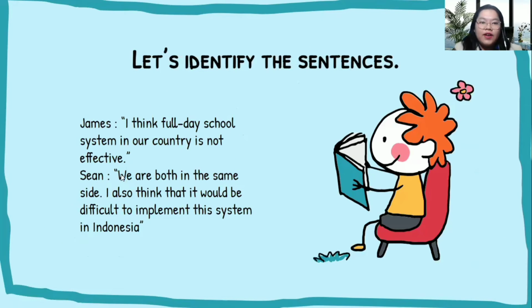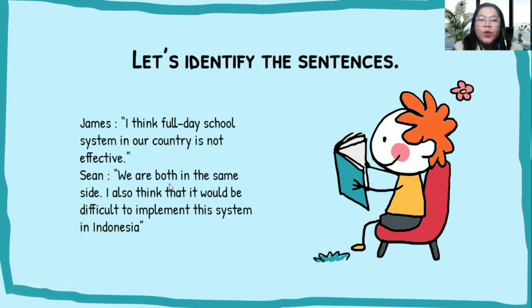Now let's identify this conversation. James: "I think full-day school system in our country is not effective." Dan answered, "We are both on the same side. I also think that it will be difficult to implement this system in Indonesia." Now from this dialogue, we can see that Dan is expressing agreement.